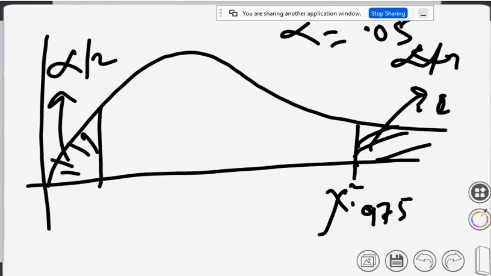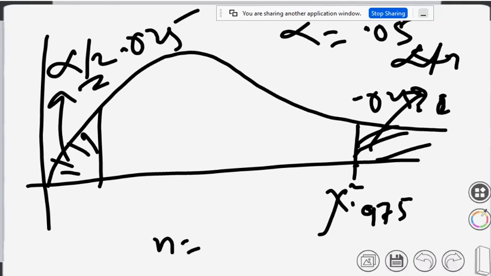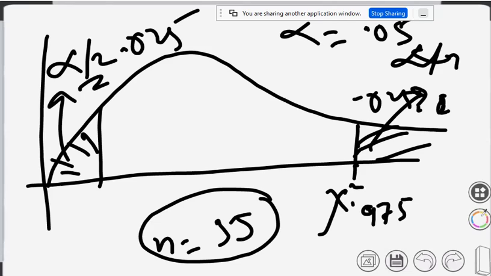this area will be 0.025, and this area will also be 0.025. Then from the table you have to find out, say if n is 30 or 35, if n is 35, then if you check the table that I have provided, you have to check two values from the chi-square table.